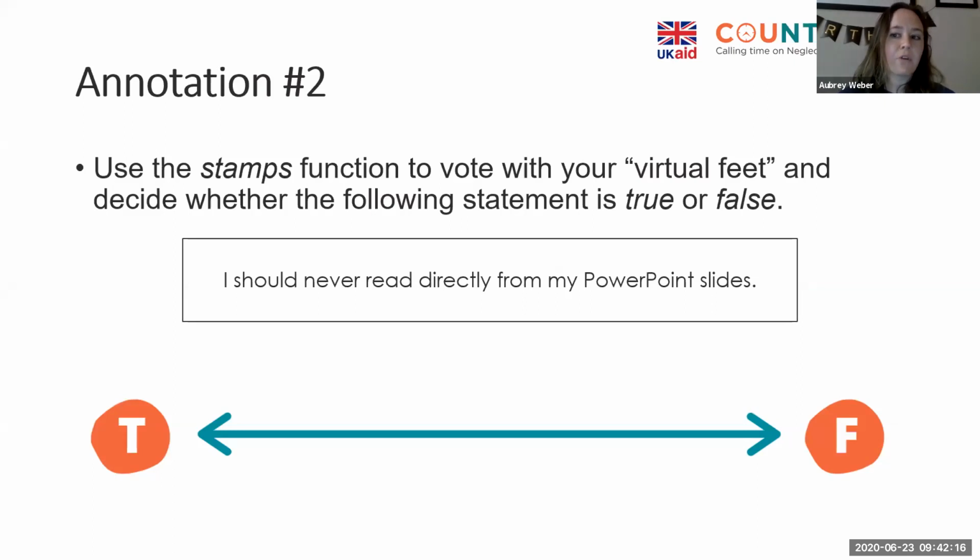We want you to vote with your virtual feet, meaning in in-person trainings, you typically would walk to one side of the room or another to vote if something is true or false. So here we want you to use the stamps to put it somewhere along this line here. Entirely true being on the left side, entirely false being on the right side, and then feel free to add in the middle.